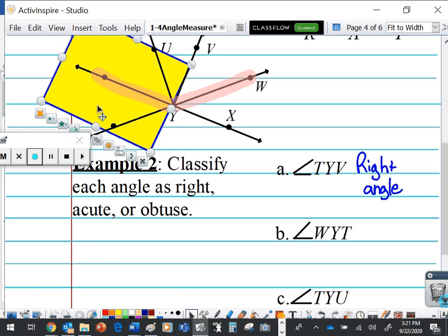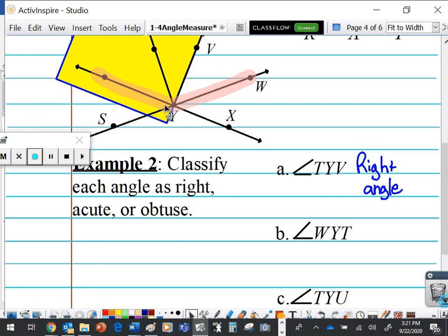There we go. Get it lined up nice and neatly. We can see this side of the angle lines up with the edge of the paper. This side of the angle is on the outside of that edge of the paper, which means that it's greater than 90 degrees. So we can say that angle WYT, greater than 90 degrees, is an obtuse angle.